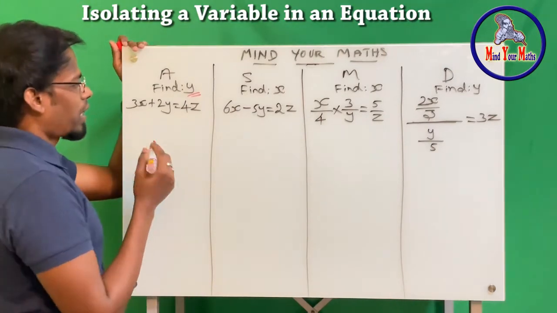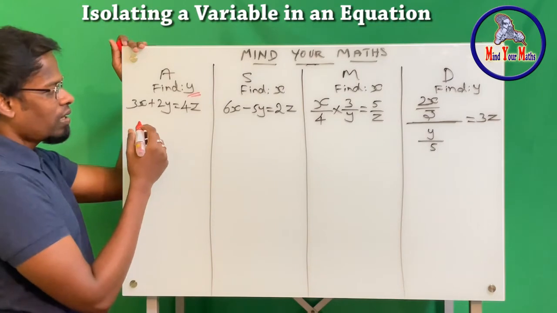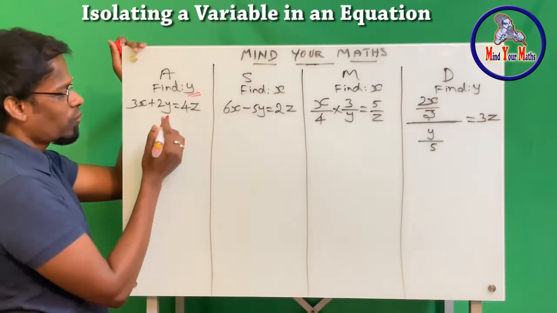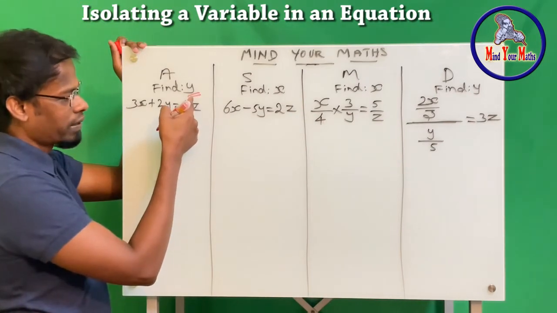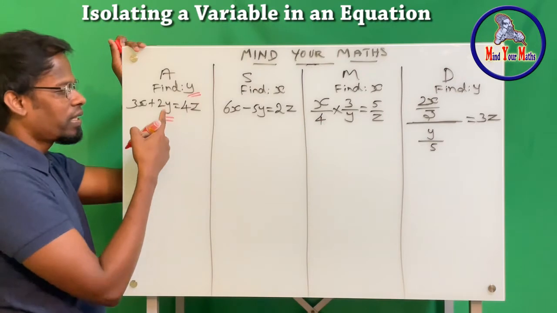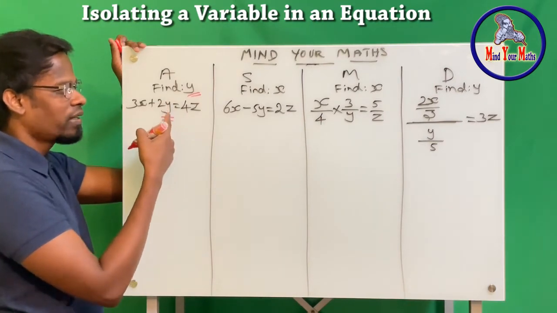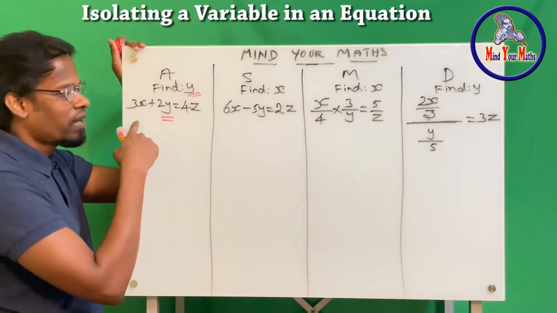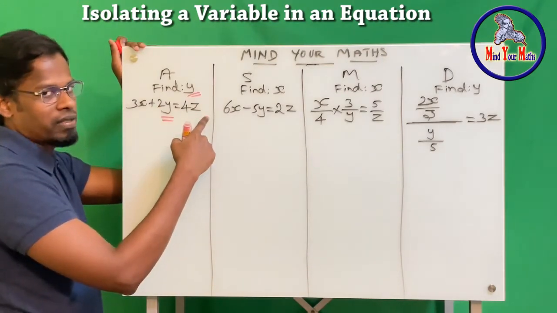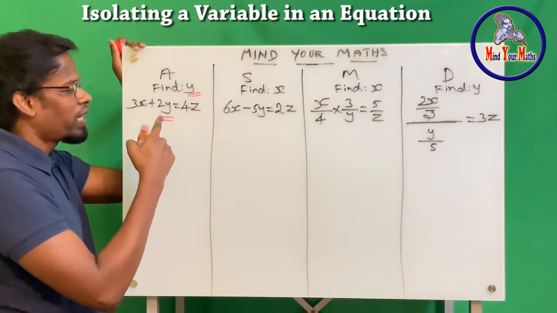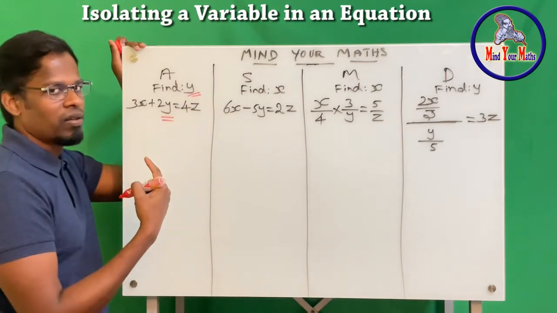Okay, so now let's see. In our previous videos, we saw that now we need to isolate, we need to find y, right? So only the term that has y should be on the left side of the equation, and the rest of them all should go to the right side. Or in other words, on the left side you should only have y, the rest should be cancelled on the left side.